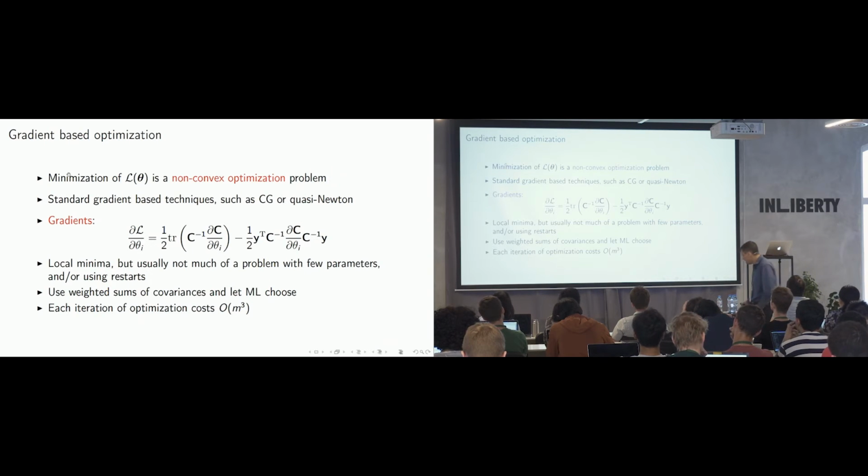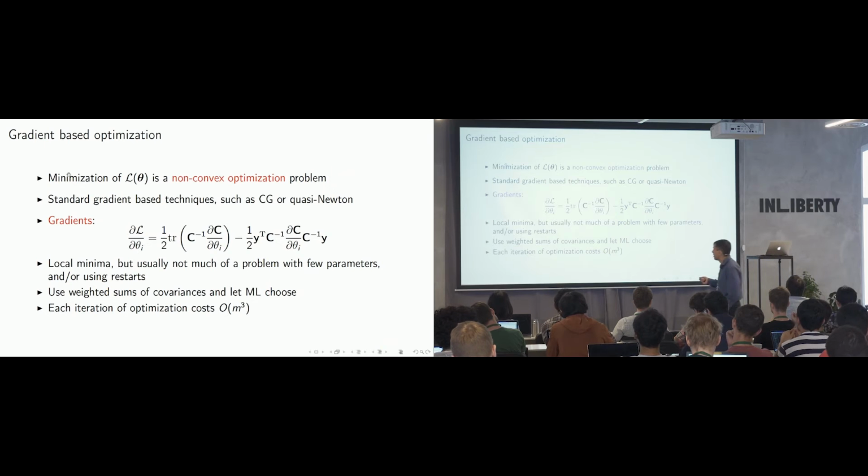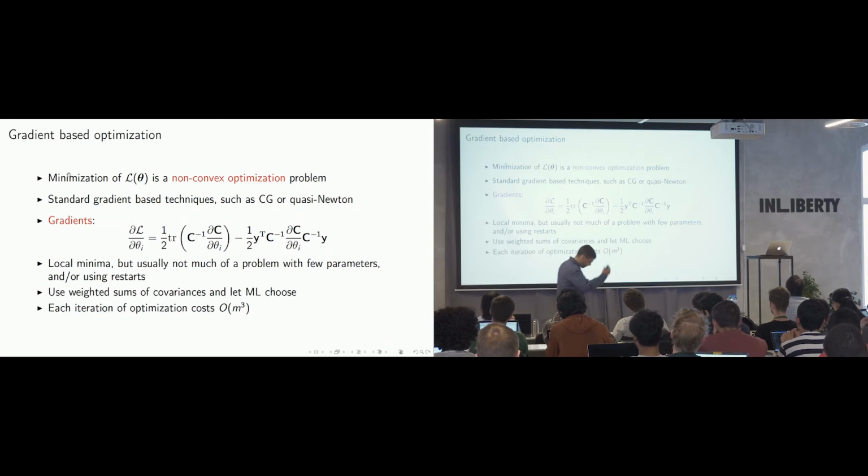The main problem here with optimization and the construction of the model is that calculation of all these quantities requires m to the power 3 computations, because this matrix should be inverted, and the matrix C has size m by m. Because of that, it's quite computationally intensive if your sample size is more than several thousand.